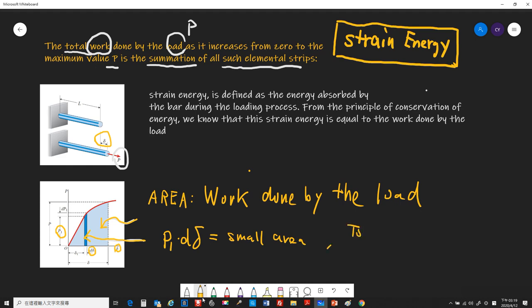So the total area is a work. The work should be equal to the integral from 0 to delta 1 of P1 d delta 1.